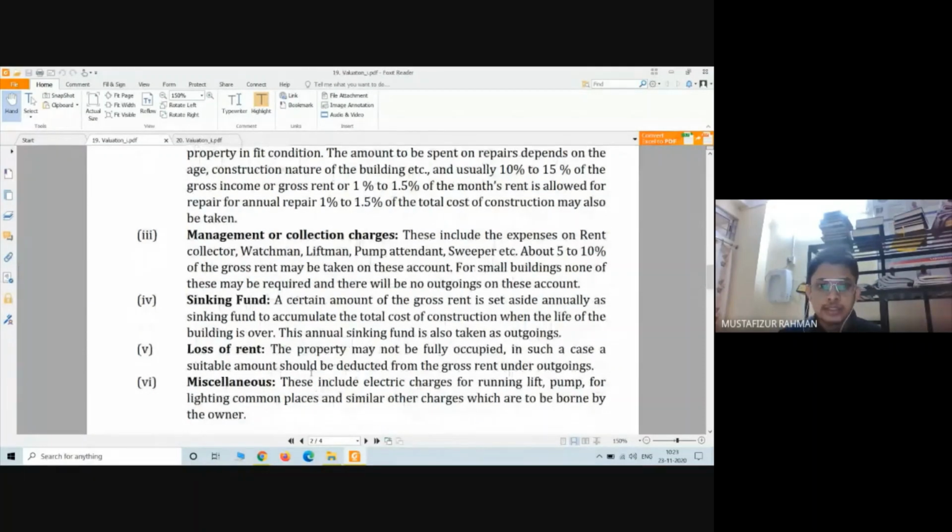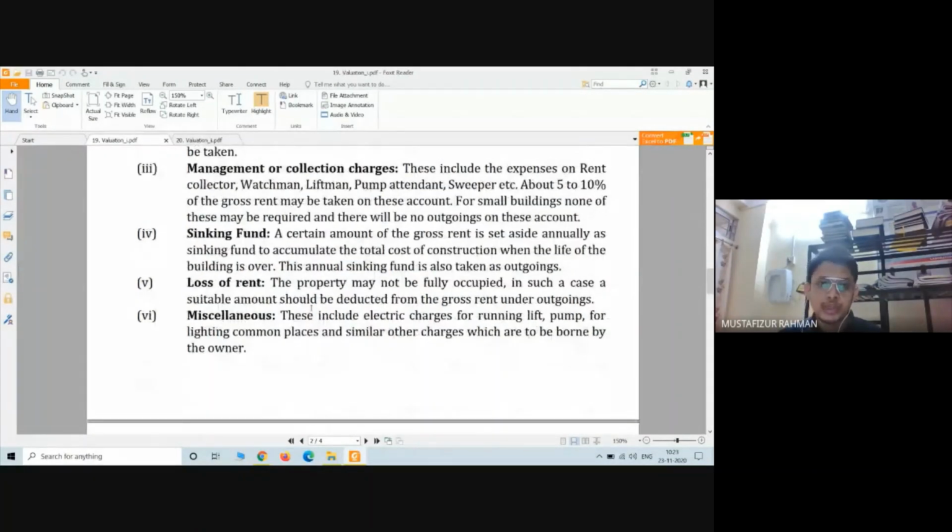Then loss of rent. Sometimes the property, if we are giving it out for rent, may not be fully occupied. Now there is a loss. Then there can be others, etcetera, so that can be there.